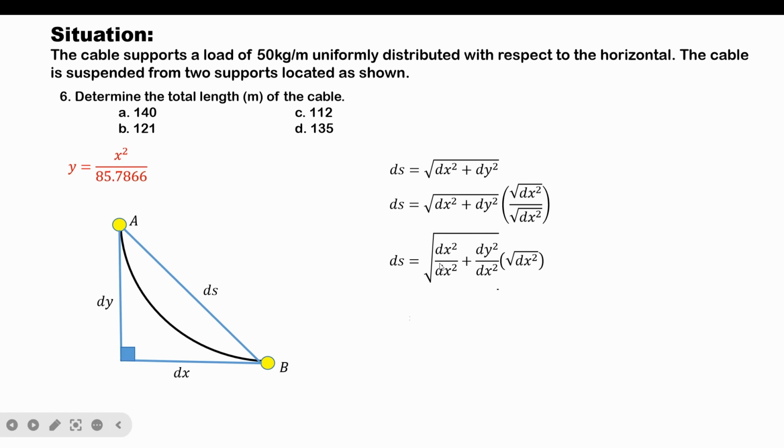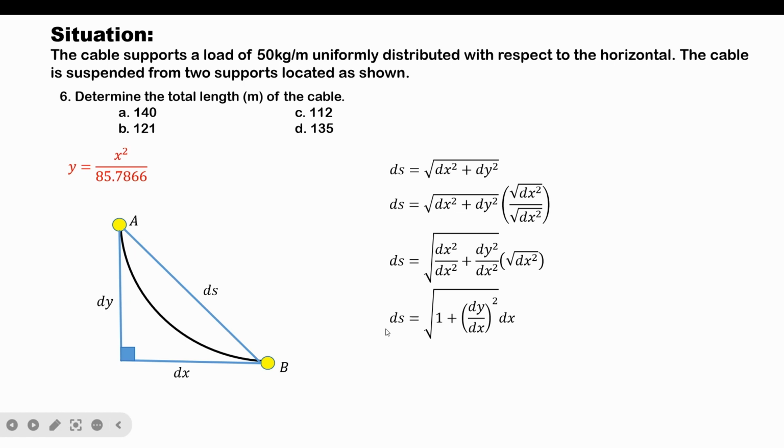Simplifying further this equation, we have ds equal to, let's simplify the term inside this radicand. We have dx squared over dx squared, which reduces to 1, plus this term here, which can be written as dy over dx squared, and this term here would just simplify to dx, since the radical sign and the square of the term inside would cancel out.